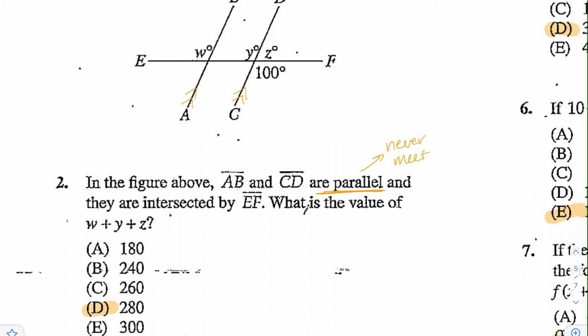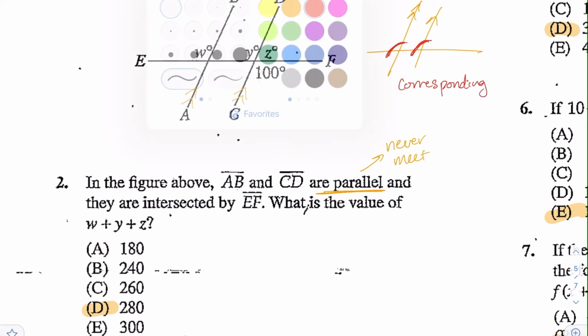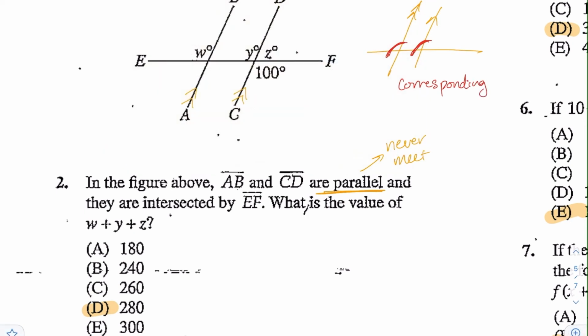Corresponding angles form when you have a pair of parallel lines and a line that cuts through, specifically angle Y and angle W. These corresponding angles are congruent. They form the letter F. So here, you know that angle W and angle Y are equal.